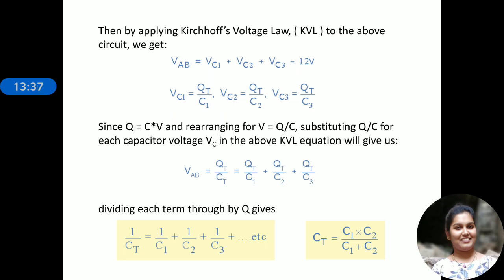So this is very much in contrast to resistors. For resistors, when we want to increase the resistance value, we add the resistors in series, right? So for capacitors, when we want to decrease the capacitance, we connect the capacitors in series. So this is what you have to remember.